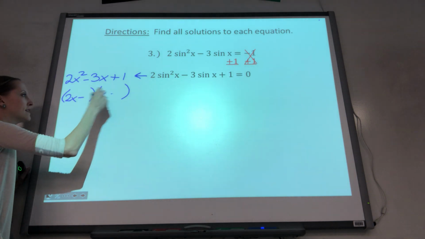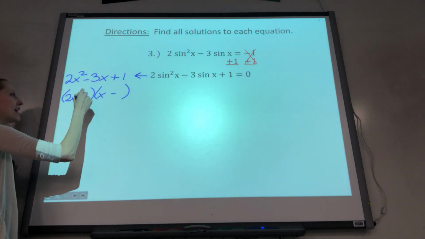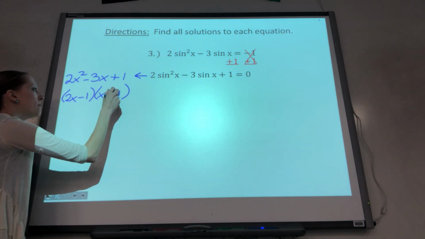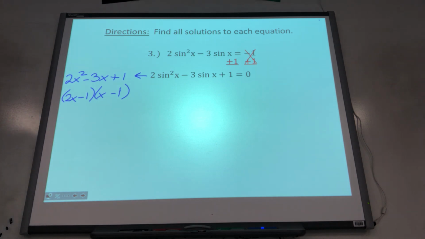Both signs are minus, and it's yucky factoring, so I'm only picking numbers that multiply to 1. You can FOIL that out to check if you like, but I think that's the way it has to be. That would make your -3x in the middle.